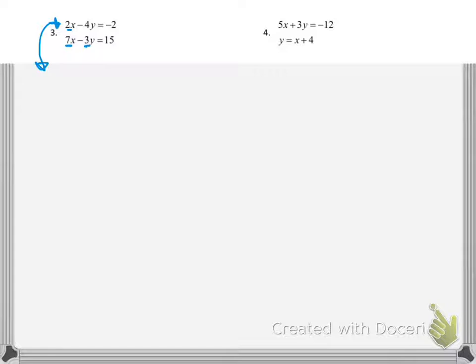In order to get x alone, I have to do 2x, I have to add 4y to the other side. So that'll be 4y minus 2. And then divide everything by 2. So x equals 2y minus 1. That is what x is.